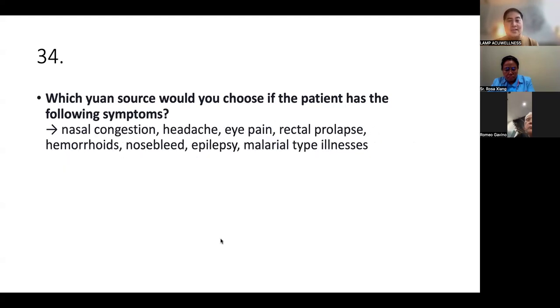What about nasal congestion, headache, eye pain, rectal prolapse, hemorrhoids, nosebleed? Bladder 64. This is really damp cold, then the lower burner would also be affected. There's just too much phlegm, too much yin.